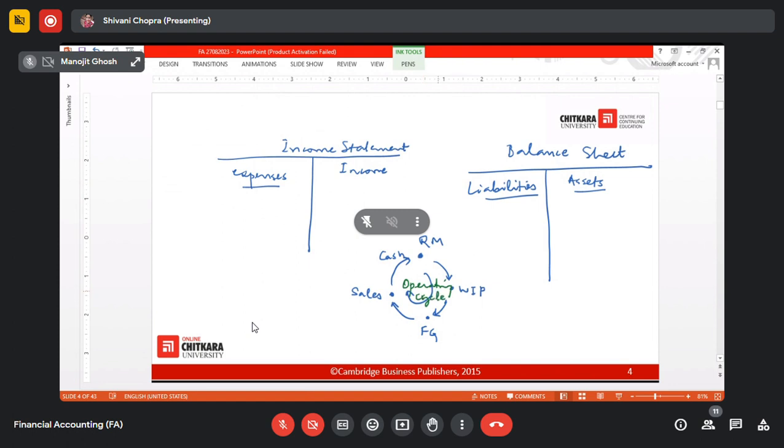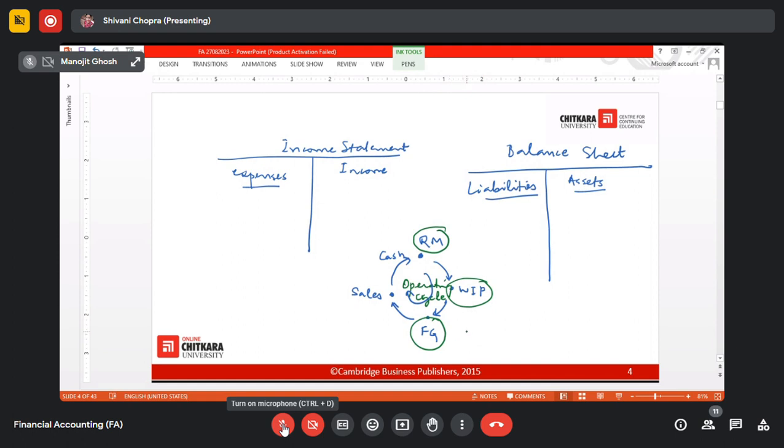Okay. So what is happening in an operating cycle? What is raw material? The question here is, is raw material an asset or a liability? What are work in progress and finished goods? Leave raw material. Tell me, what do you mean by finished goods?